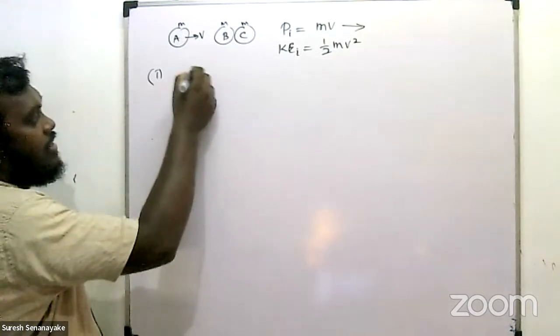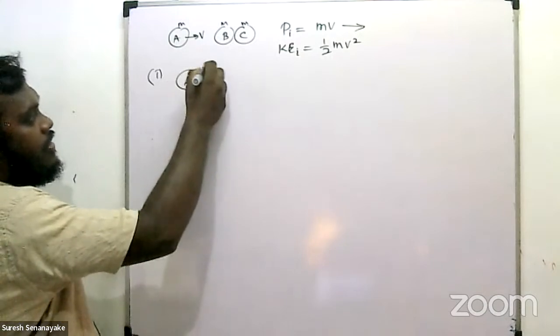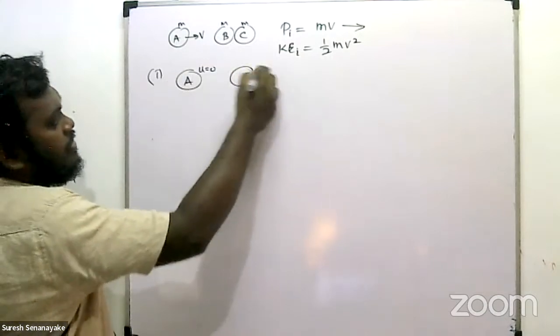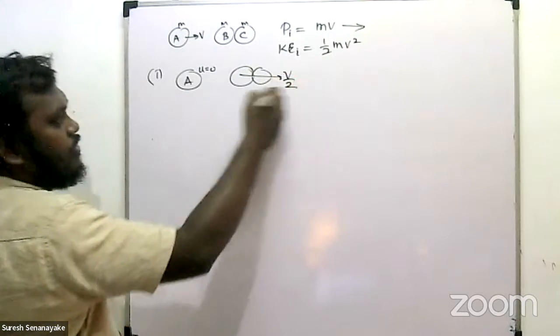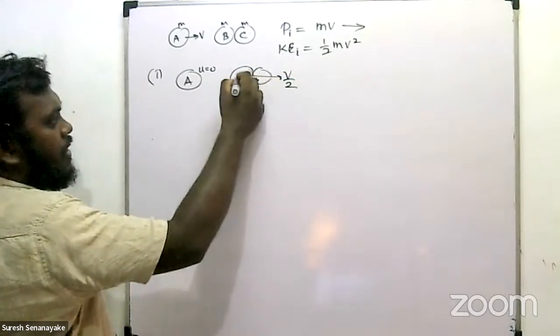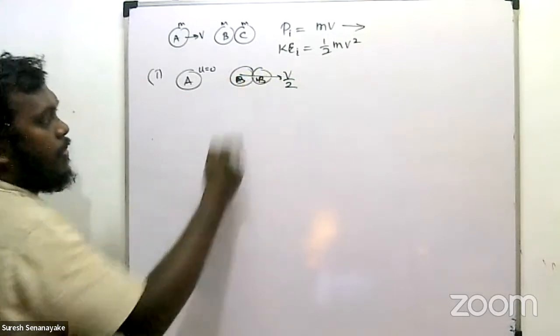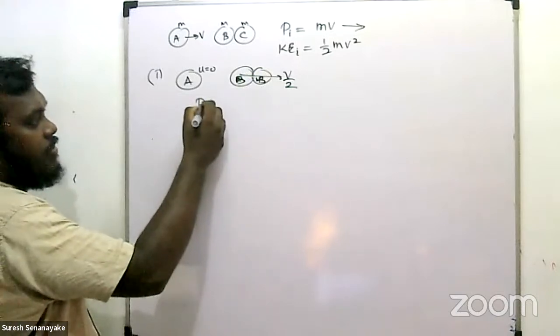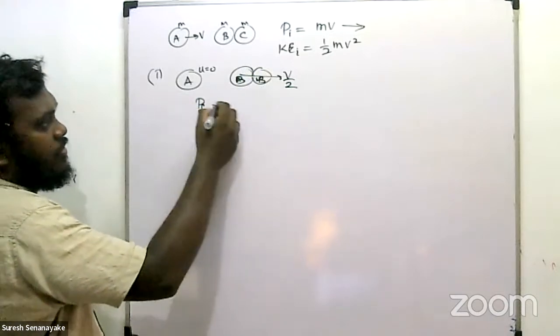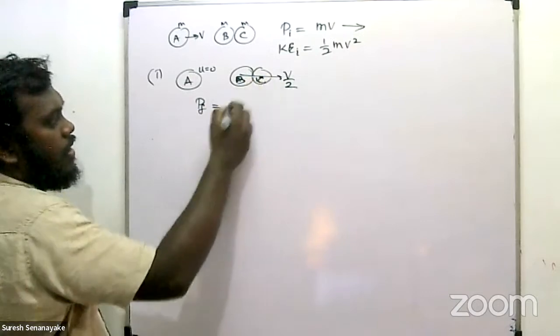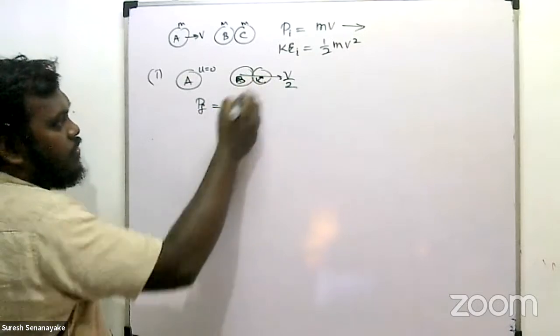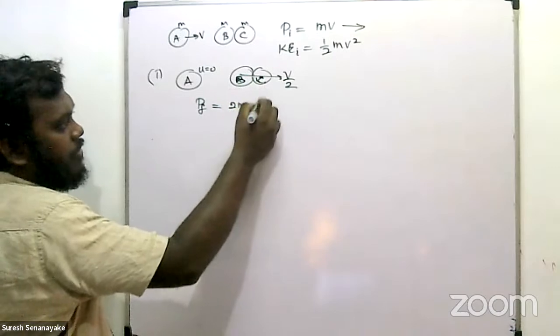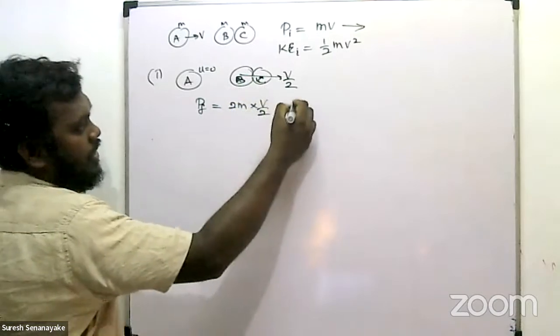So in the first case, let's say A remains there, and B and C are moving with V over 2, each of mass M. What is the final momentum in this situation? That is mass 2m multiplied by V over 2, that's mv.